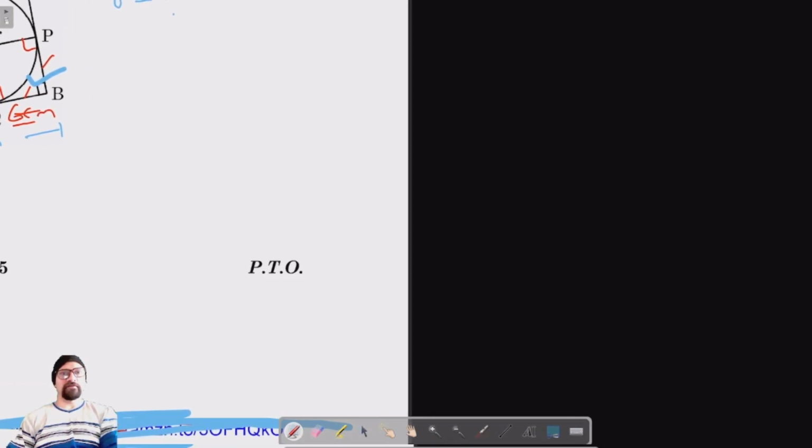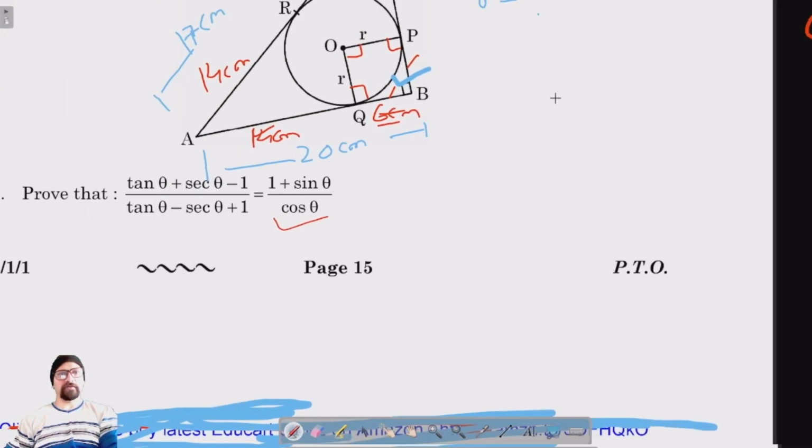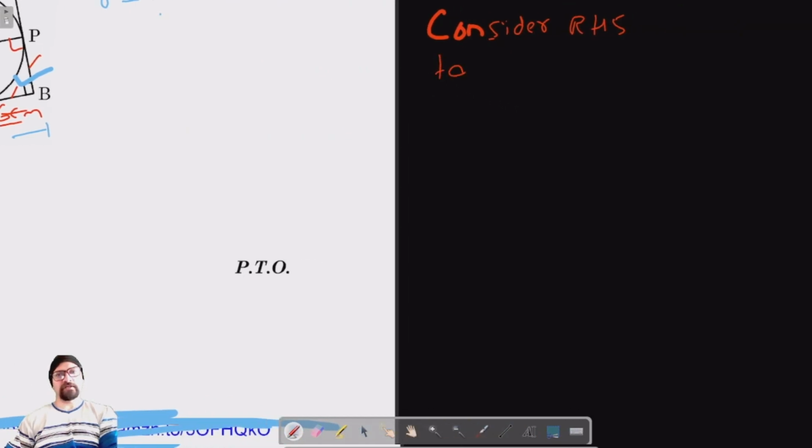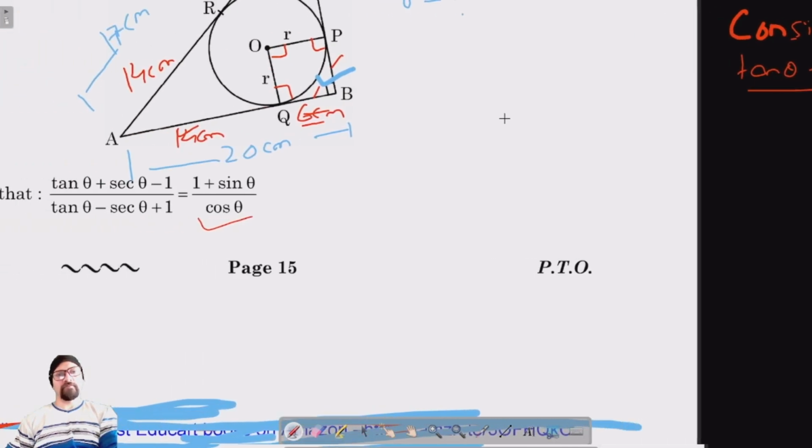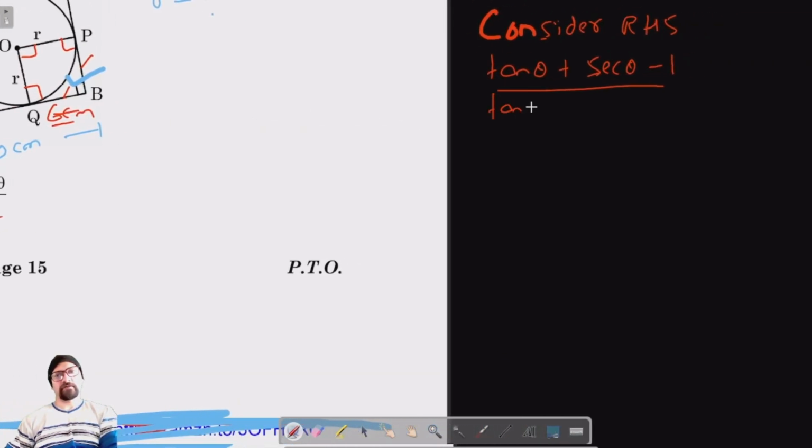So let's consider the LHS. It's (tan theta plus secant theta minus 1) upon (tan theta minus secant theta plus 1).